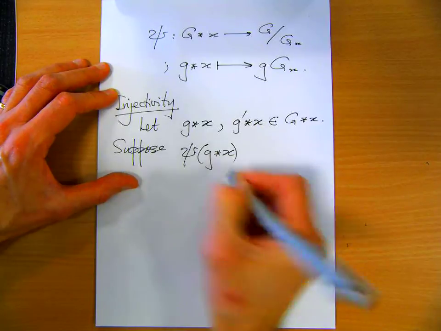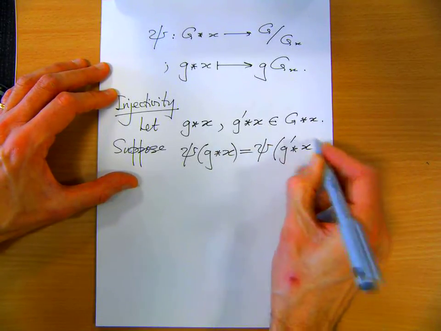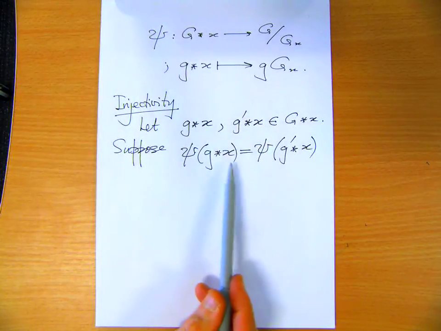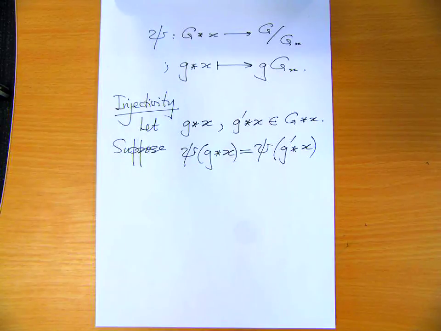Suppose two elements of the orbit get mapped to the same place. So psi of the first element of the orbit equals psi of the second element of the orbit. And I want to show that necessarily these two elements of the orbit are equal, because that will say that the function is injective.